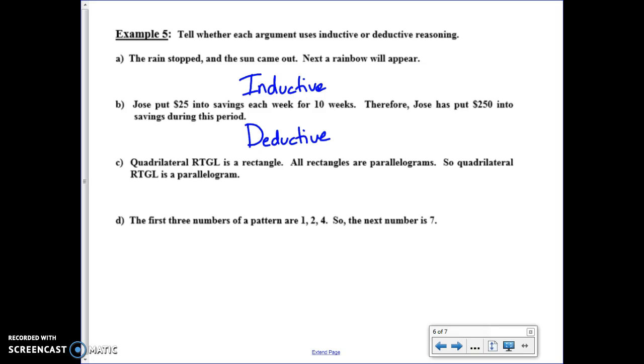Once again, we're talking facts. So this is deductive. All right, this last one. The first 3 numbers of a pattern are 1, 2, and 4. So the next number is 7. As soon as you see this word pattern, it should be a big red flag for you that that is going to be inductive reasoning.